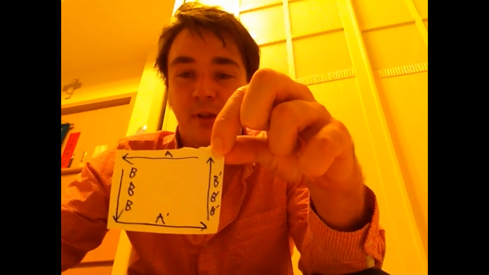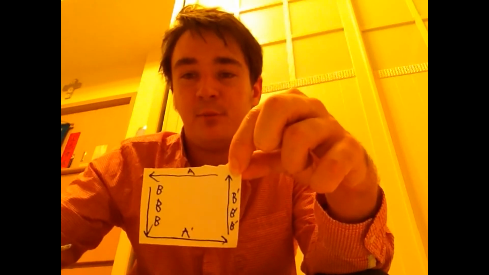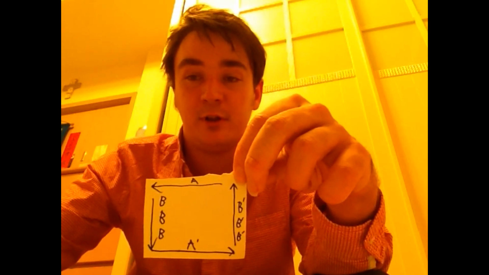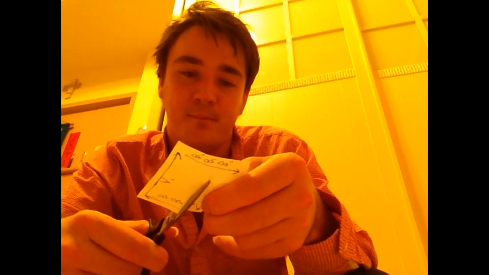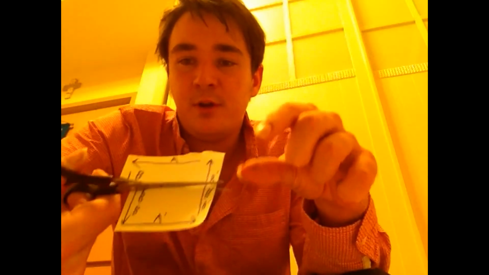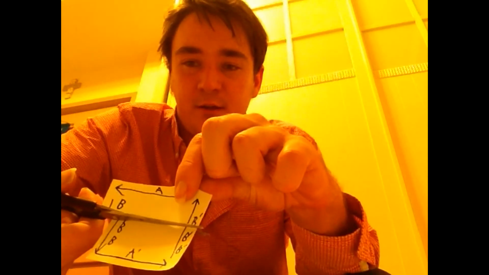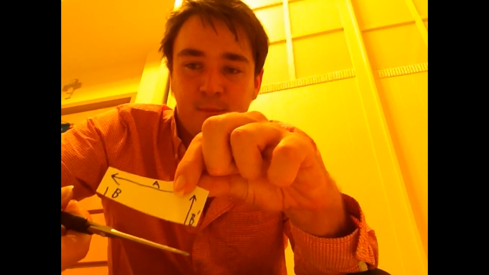So basically, here's our projective plane, and we're going to do a little bit of surgery. Okay, so let's cut out this middle bit. Basically what we're doing here, we're just cutting along here, and we'll cut again.